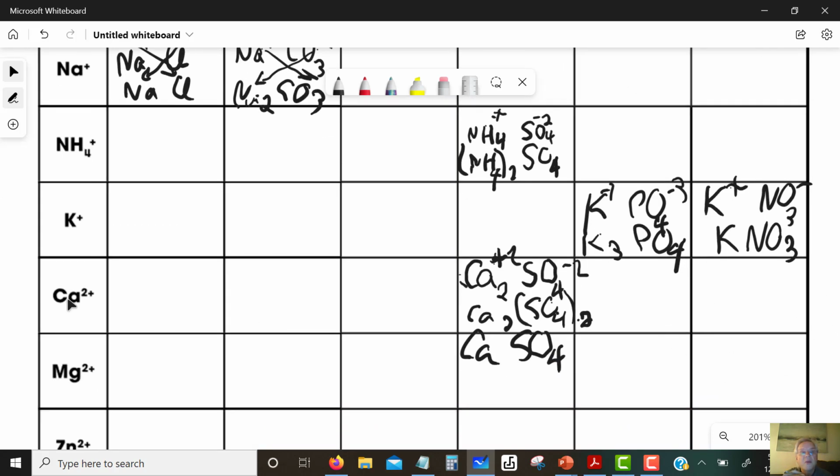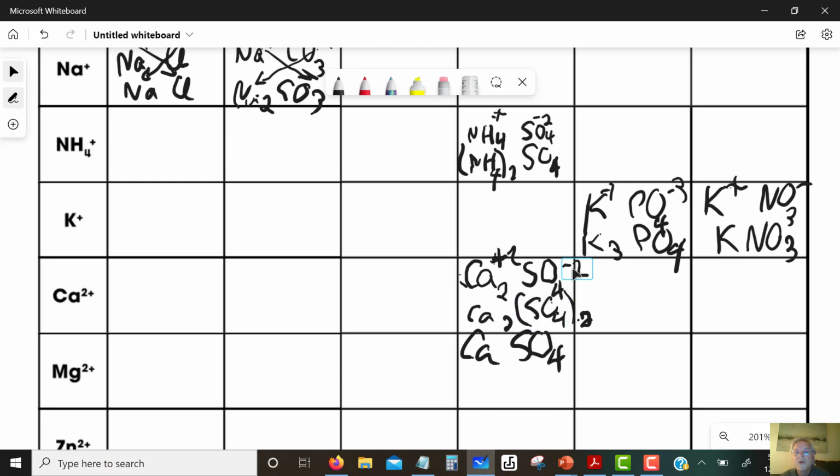For this example, calcium and sulfate, if you look, calcium has a positive 2 charge, sulfate has a negative 2 charge. This is kind of like the calcium oxide example that we started with. You have to bring the charge down, use a bracket outside the polyatomic ion, just to show me that there will be 2 of these things needed.